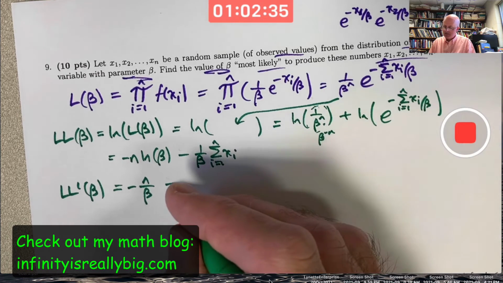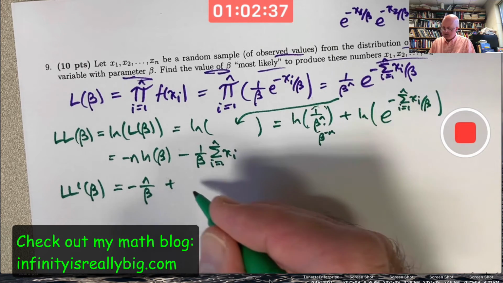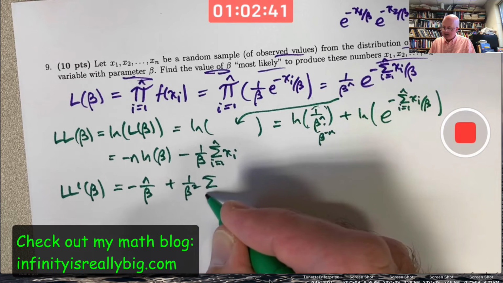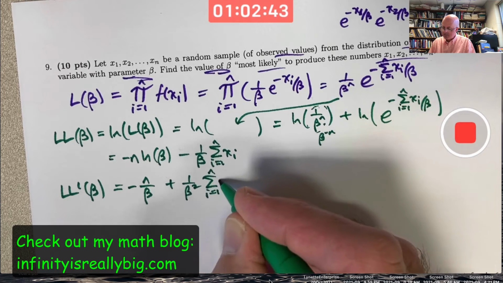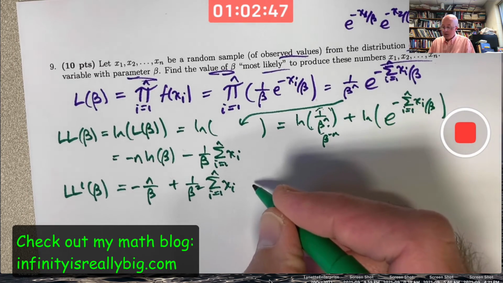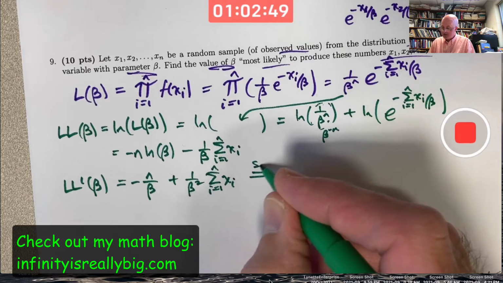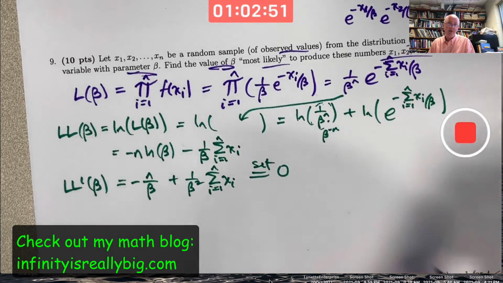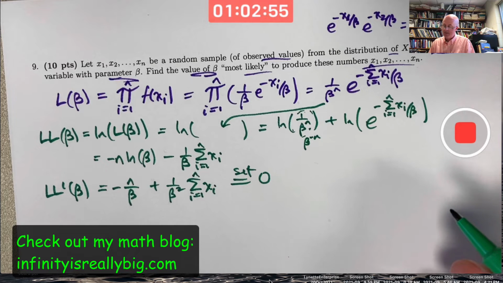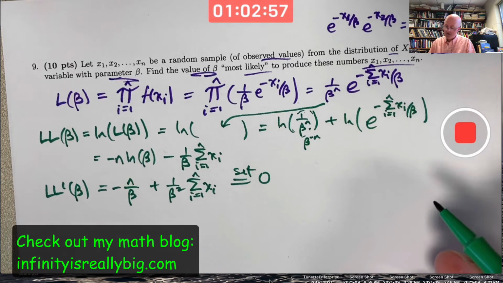The two minus signs will cancel, and you get a 1 over beta squared. And the sum of the xi's is just a constant. It just stays there. It doesn't depend on beta. I want to find the critical point of this. I want to set this equal to 0 and solve for beta. And when I do so, that'll be my maximum likelihood estimator. And it should be x bar.